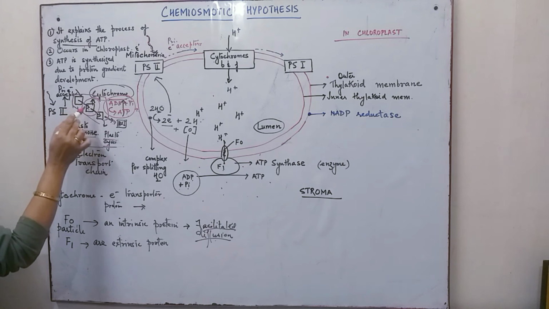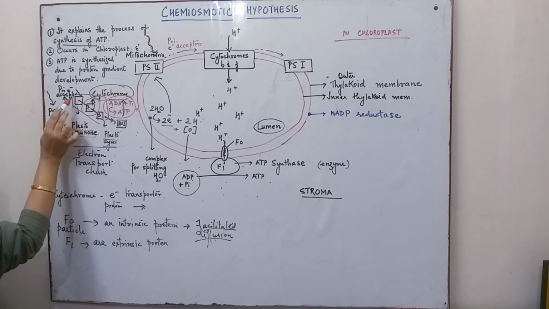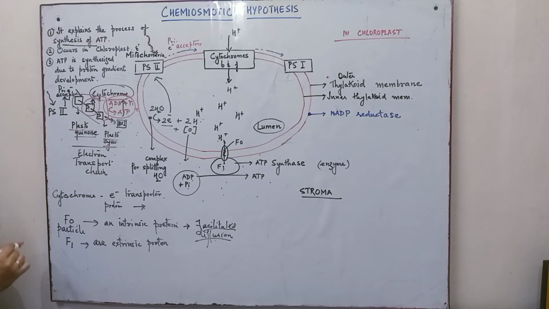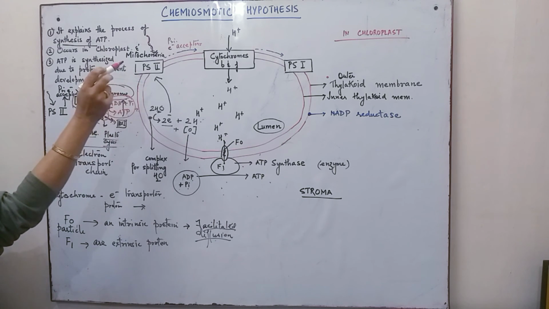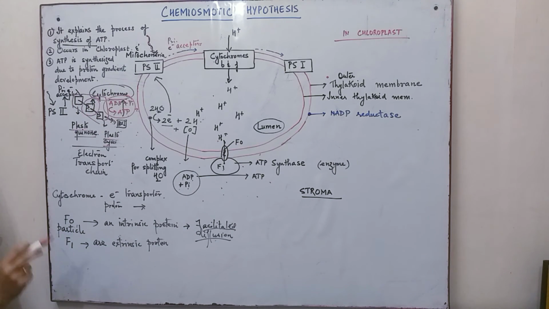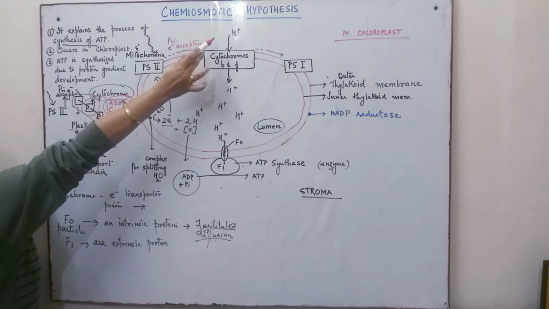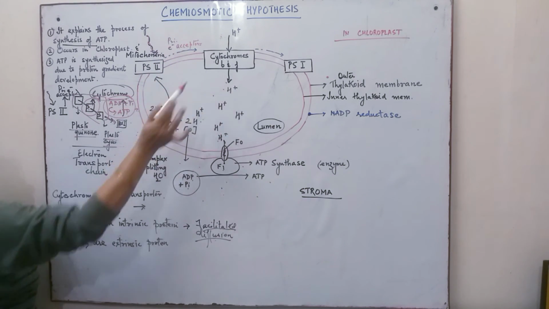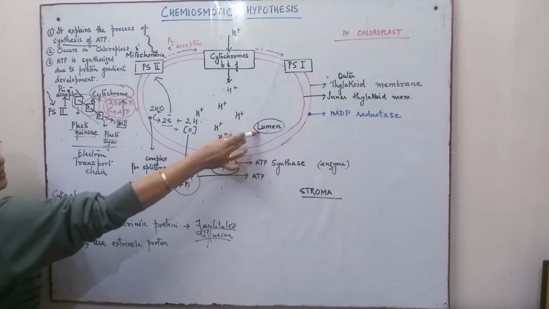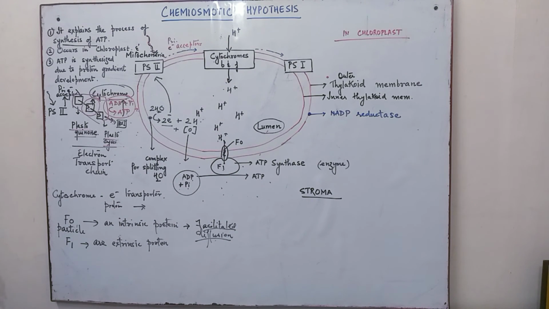So what is happening over here? When the electrons are passing from high energy level to low energy level, they will release energy at cytochrome. And this energy is used by the cytochrome to pump protons from the stroma to the lumen of the thylakoid.